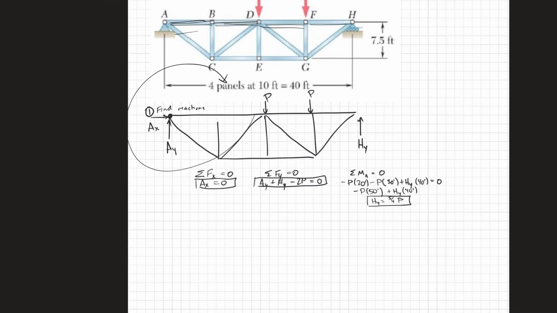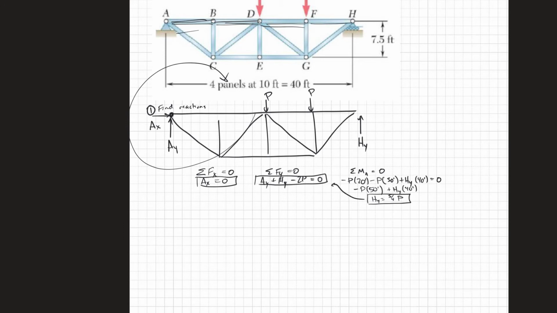So if we plug that back in up here, then I'm going to get AY plus 5/4 P minus 2P equals 0. So AY is going to be equal to 3/4 P. Okay, there you go. So those are our reactions.